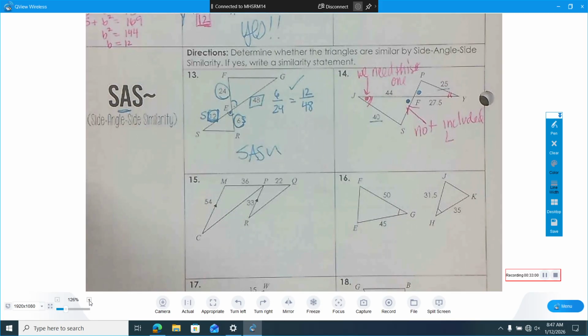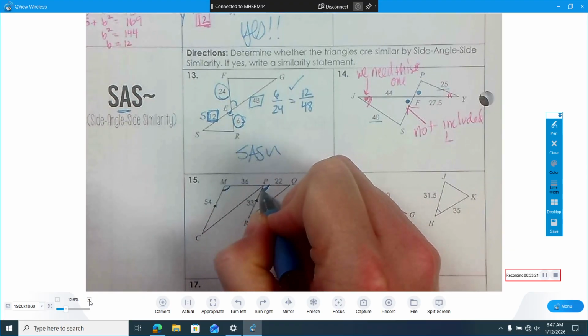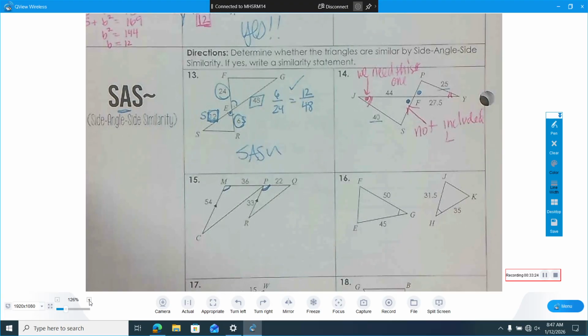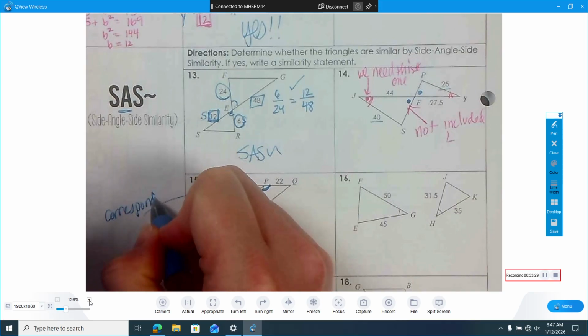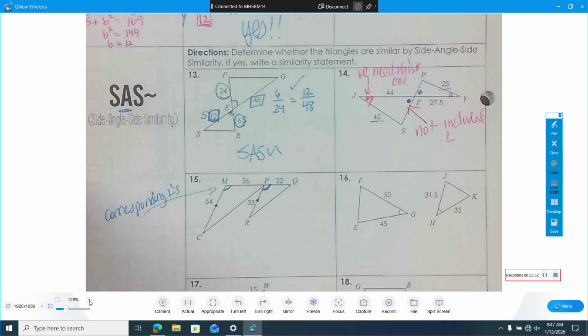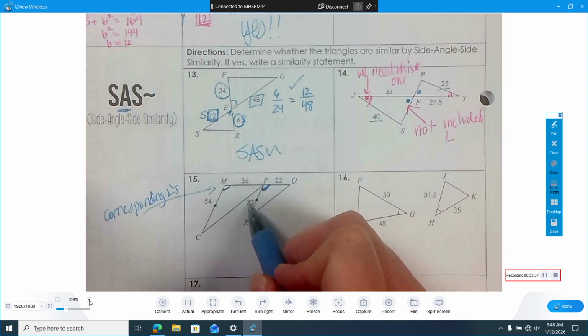All right. Last one, number 15. What do we have in that picture? Parallel lines. All right, so which angles are going to be congruent? Yeah, so here M and the right side of P are congruent. Why? Corresponding, good. Corresponding angles are congruent, and they are in between our two side measures that they've given us.